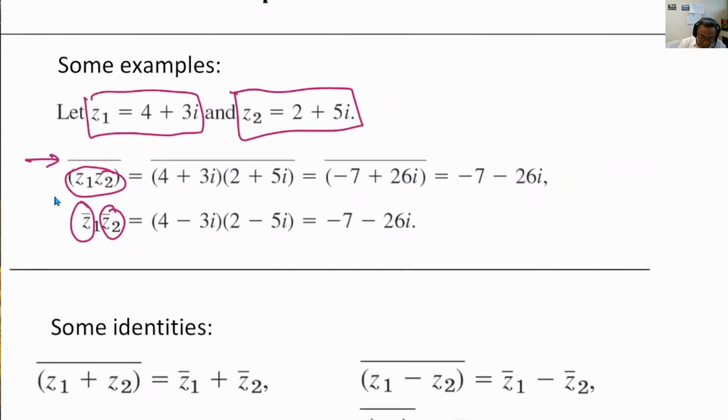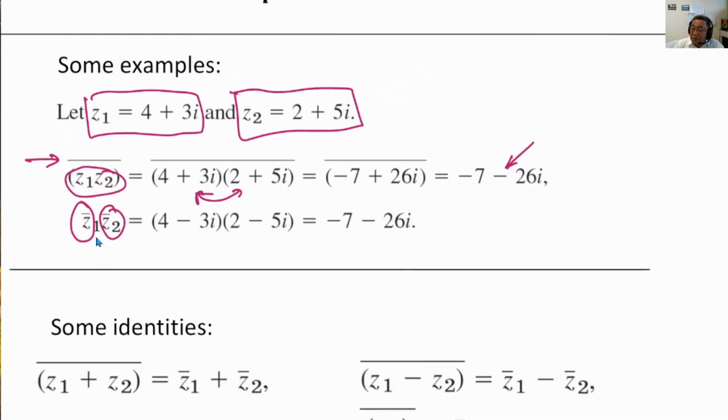Concretely, you can do this in rectangular form or polar form, it doesn't matter. If you open up this operation, 4 plus 3i multiplied by 2 plus 5i, which are Z1 and Z2, then you will get minus 7 plus 26i. The complex conjugate of this vector changes only the sign of the imaginary part. So it is here.